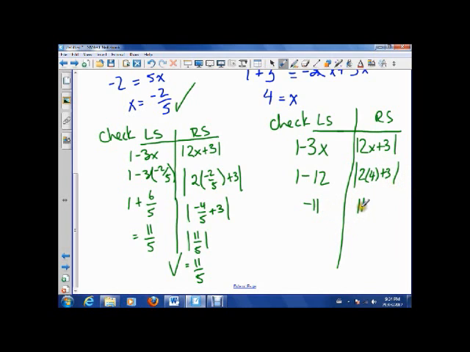Negative 11 does not match 11, so that's no good. So this answer here, we strike. So here we just have that one answer. All right. Okay, that's it. So you guys can get to some practice now, and I'll see you soon.